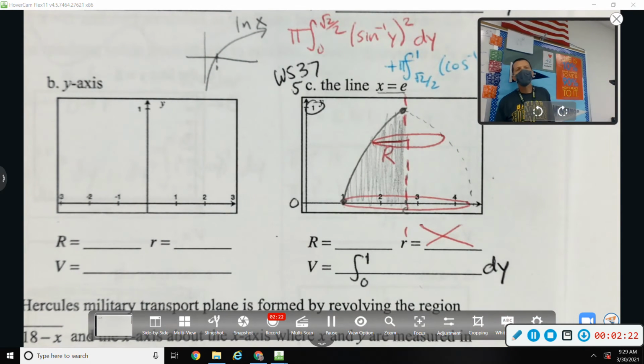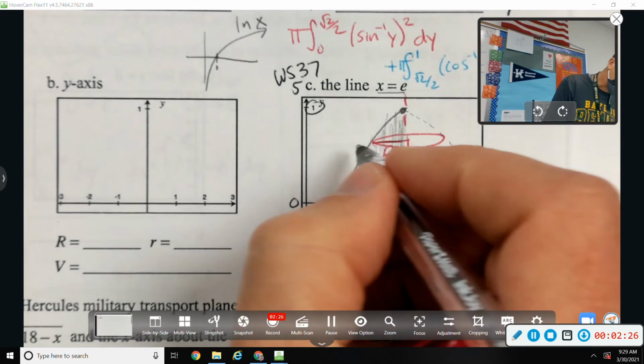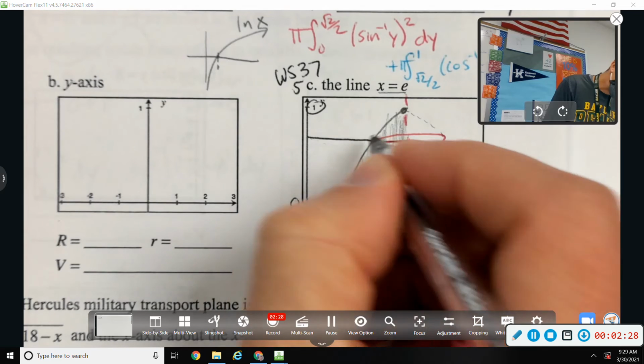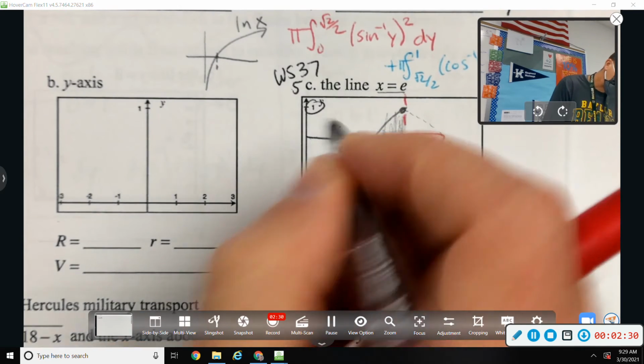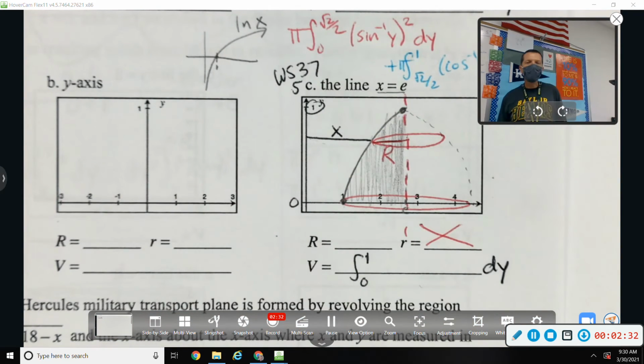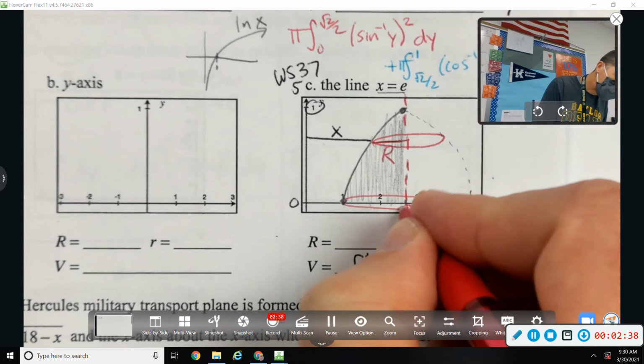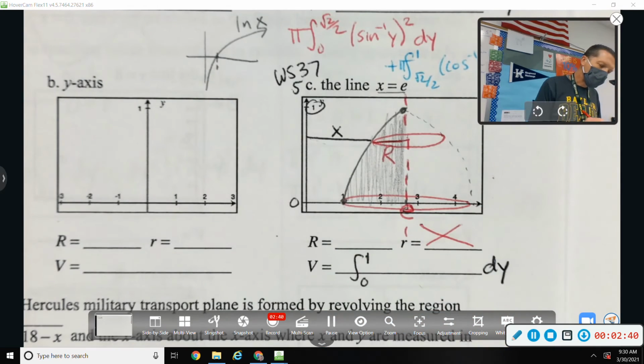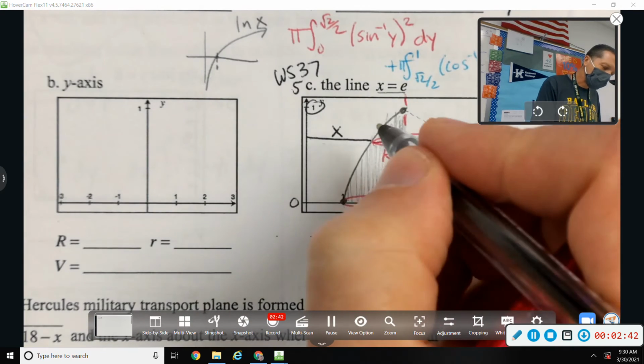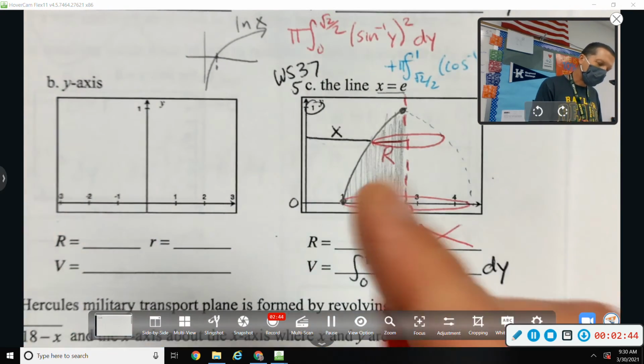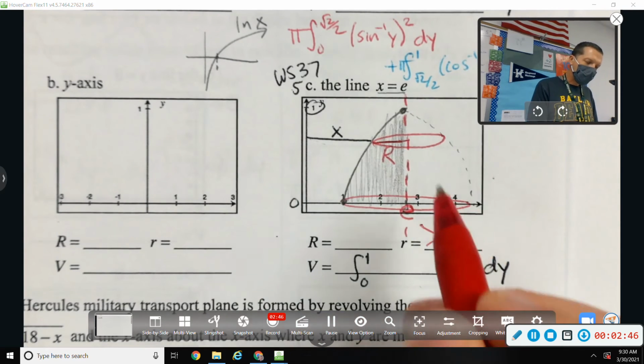Take R. Okay, I've got to be careful here because this value is x. So what is R equal to? Well, x is equal to natural log of, well, no, because that value is just x.